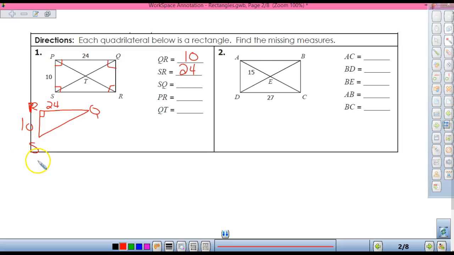Okay, so what is my first part squared? 100 plus 576 equals SQ squared. So 100 plus 576, so 676 equals SQ squared. So what's SQ? 26.